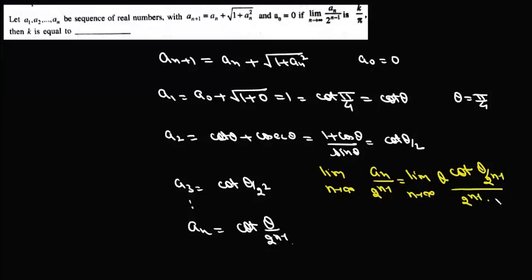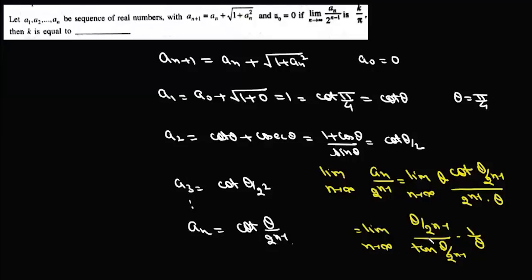We will multiply it with theta and divide it with theta. So we can write this as limit n tends to infinite theta upon 2 to the power n minus 1 upon tan theta upon 2 to the power of n minus 1, into 1 by theta.